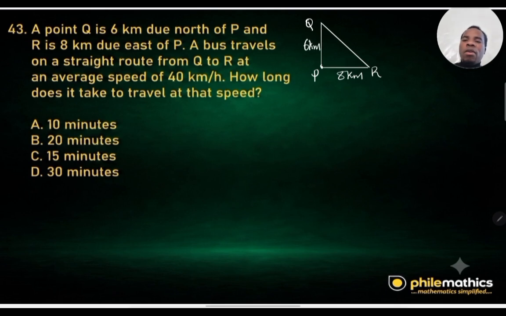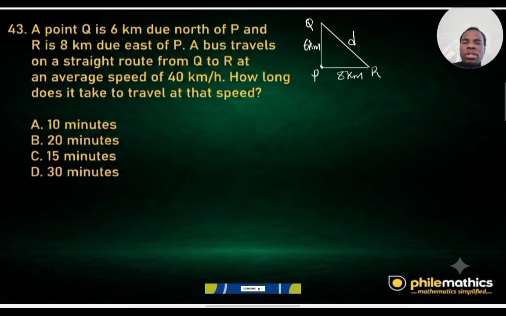Since we are looking for the time it takes to travel from point Q to R, we need to know what this distance is. Let's call this D. As someone who is experienced in Pythagorean triples, you can easily tell that D is 10 kilometers because this is 6, 8, 10.